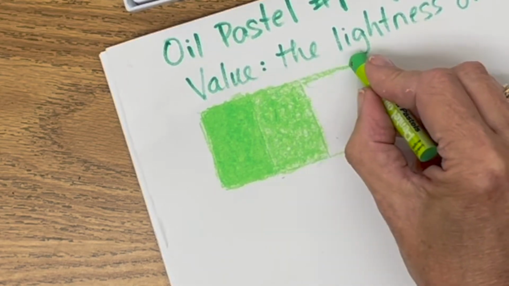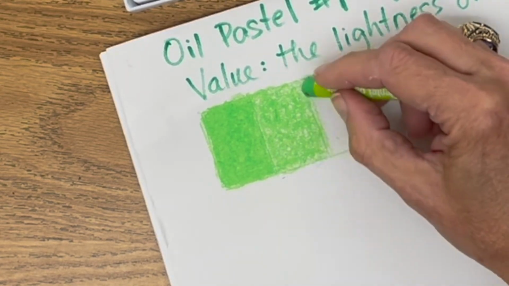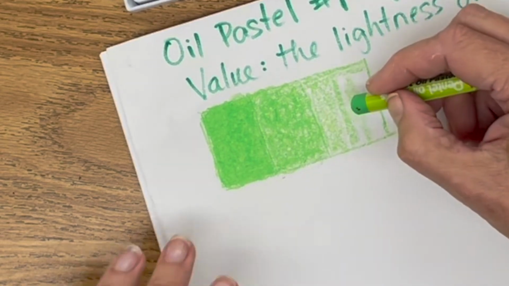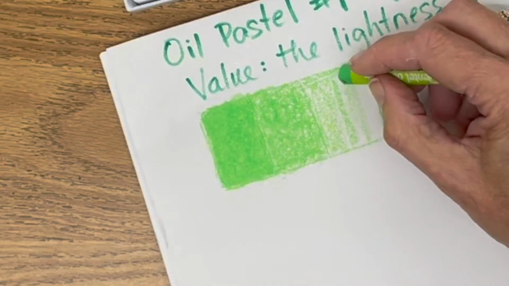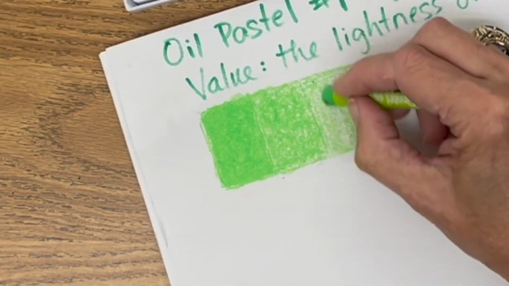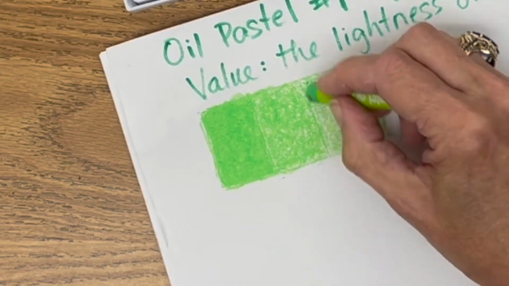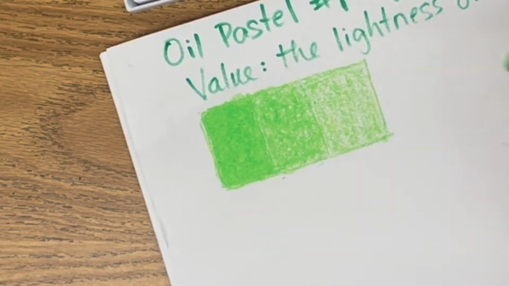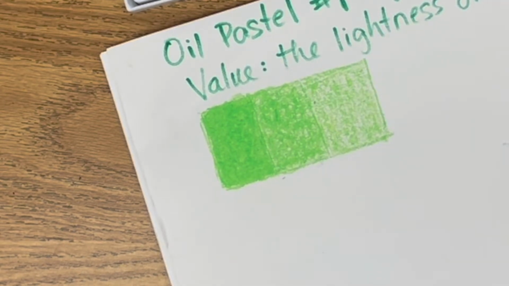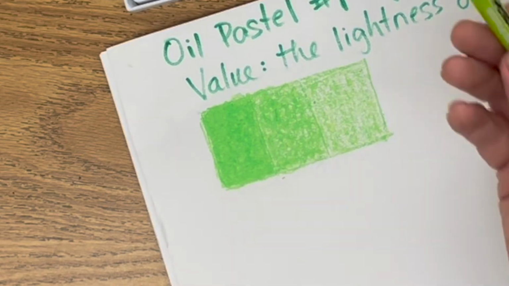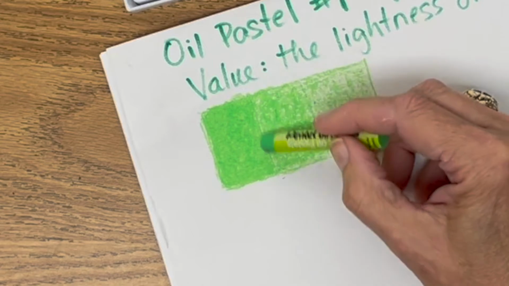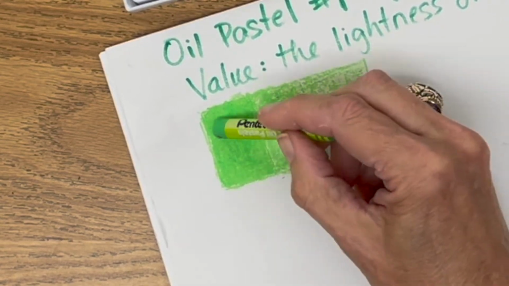Now, for the lightest value, I'm going to press lighter. I started out with medium pressure on both of those, but layering is going to be super important, and we want an even coating of color. There are lots of white speckles there, but to create the light value, it's important to leave the white speckles. Some white speckles exist here, almost none here.